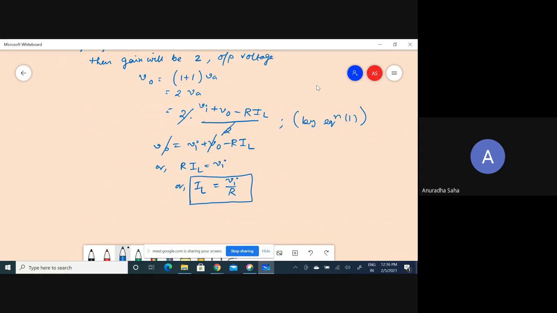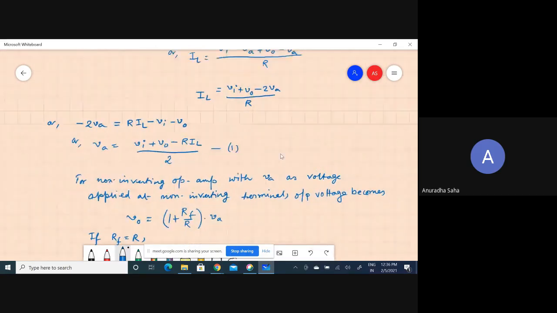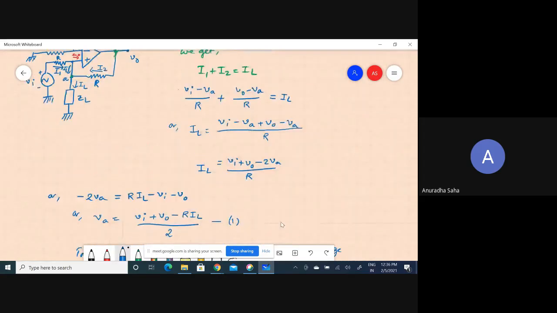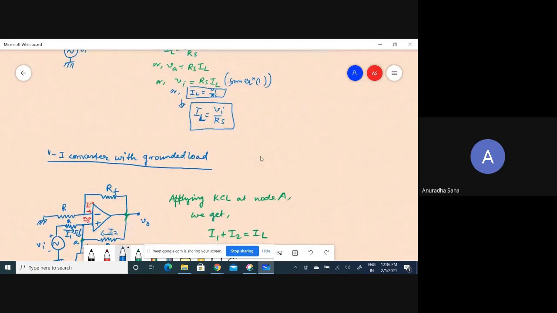Since this is the voltage to current converter, the output signal must be current. So the output current does not depend on load resistance. Very, very important conclusion of the voltage to current converter. And another thing you can see, either from here or from the final expression of the V2I converter with floating load.